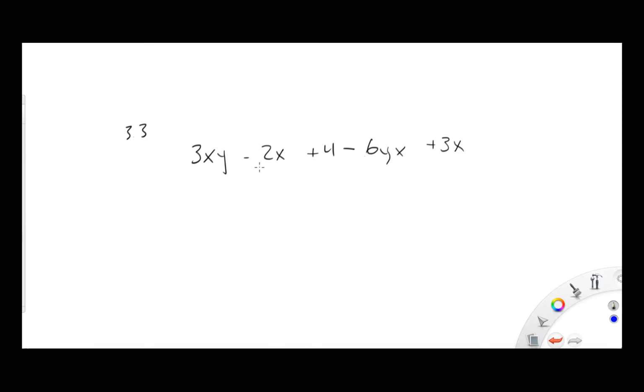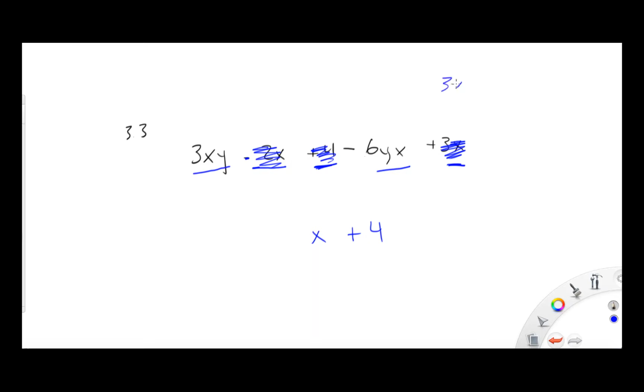Okay, what are the similar ones? Well, let's start with the simplest. We have an x here, and we have an x here. Actually, we have a negative 2x and a positive 3x, so that just leaves us with x. Okay? Those two are done. There's no other number without a variable, so let's just drop that 4 down here. That's done. Now, this expression and this expression, are they the same?